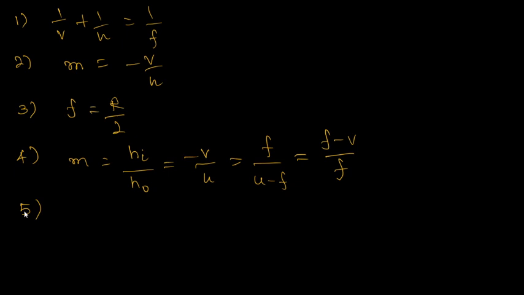fifth equation. And this is with respect to the depth of an object in a particular medium. So the refractive index mu of that medium is given by the ratio between the real depth, take down the real depth, divided by the apparent depth.